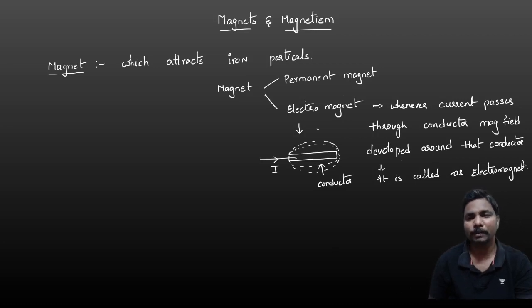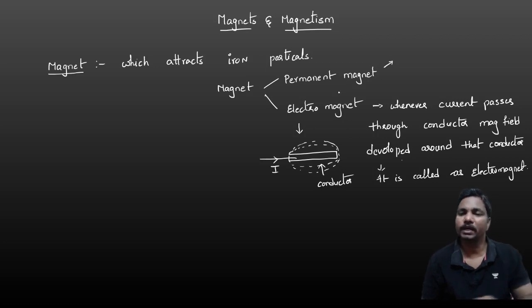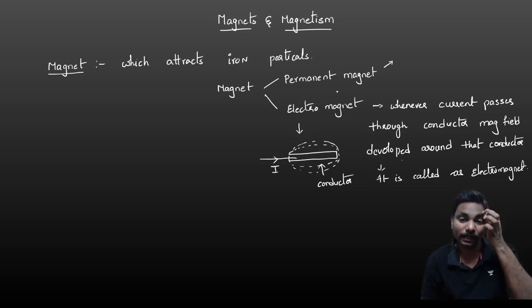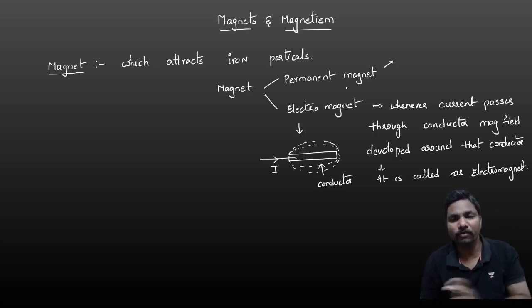This permanent magnet is readily available, or we can take any ferromagnetic material and magnetize it, then it will act as a permanent magnet.